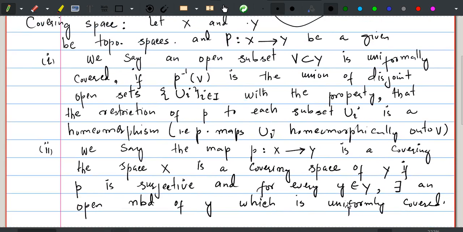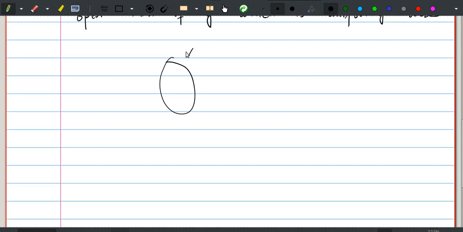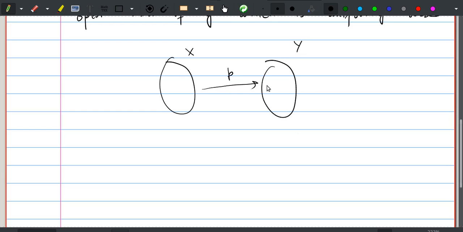Now what do we mean by uniformly covered? Suppose this is space X and this is space Y, and this is the map P. We say X is a covering space of Y if, first of all, P is a surjection. Given a point y in Y, suppose V is an open neighborhood of y.